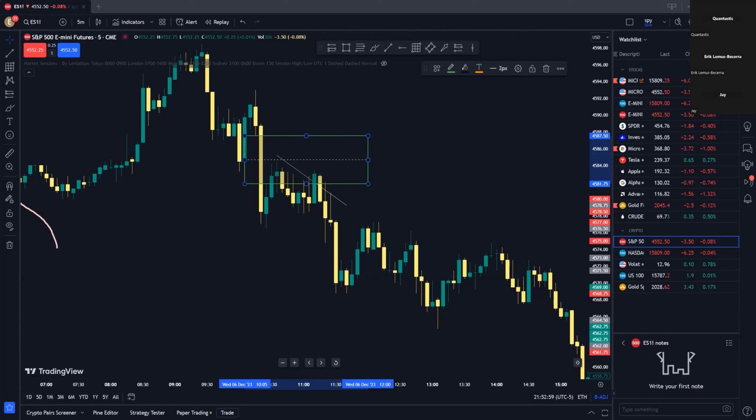So that's kind of what divergence is, and it can help you enter trades, get out of trades, and find the direction of price. But any other questions, comments, concerns?